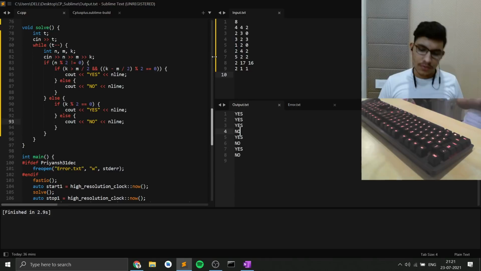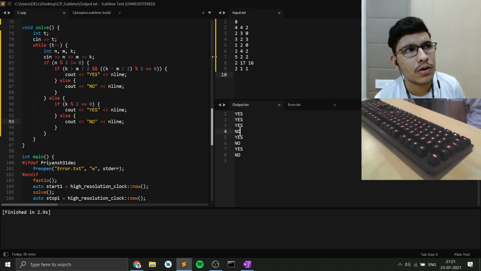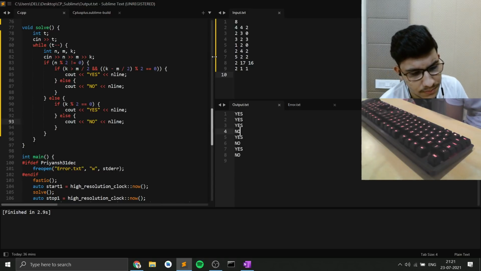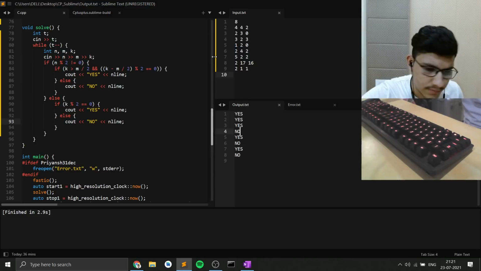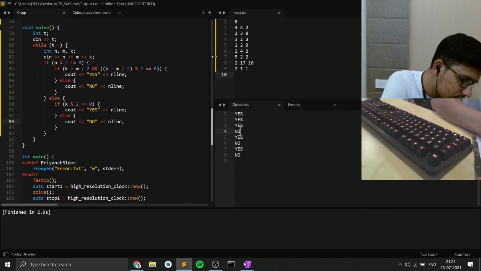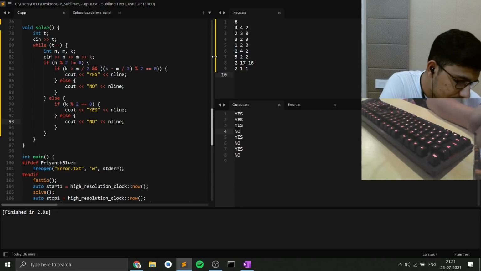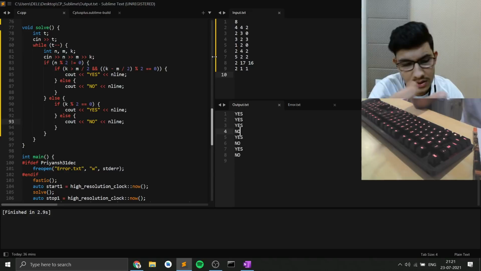Okay, so if the rows are even, then the columns can be odd or even. So in every row, I can just place 2k type of dominoes, and then these 2k will be shared by one of the rows adjacent to this row, the left one or the right one.